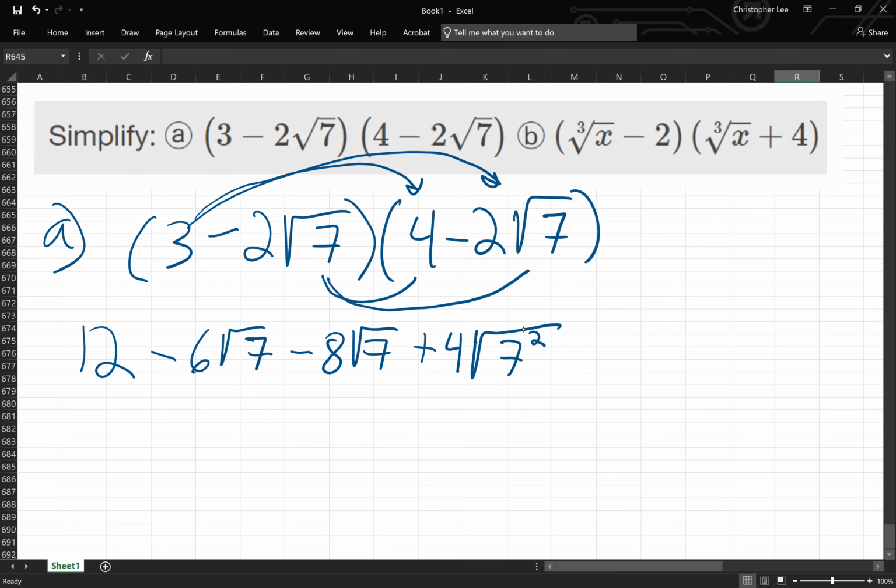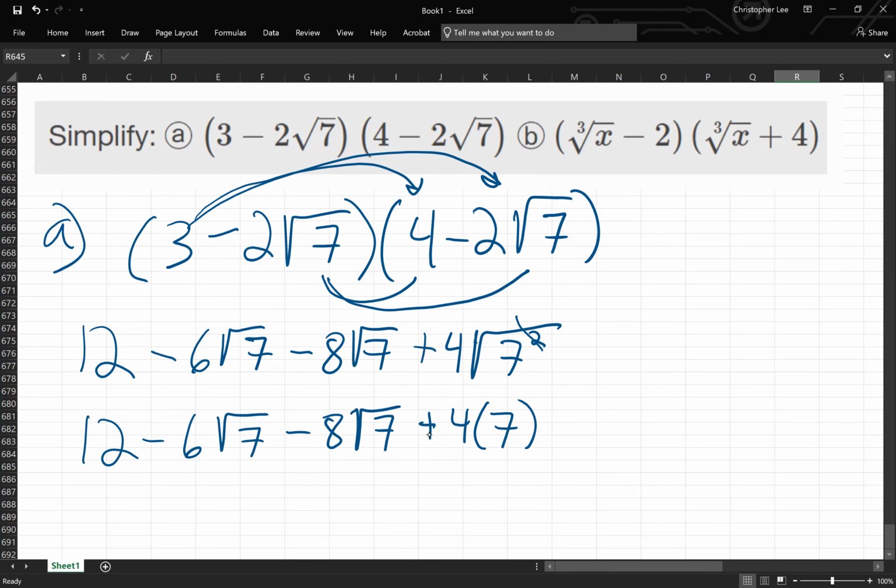Let's simplify this. The square root and the square will cancel out. So I have 12 minus 6 square root 7 minus 8 square root 7 plus 4 times 7, because they canceled out. 4 times 7 is 28.